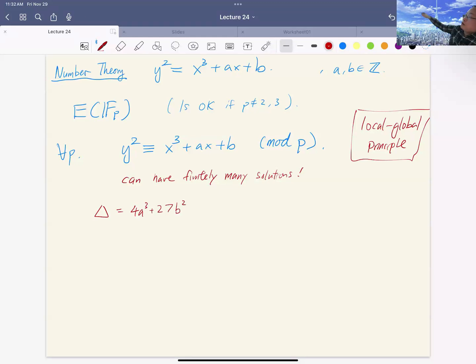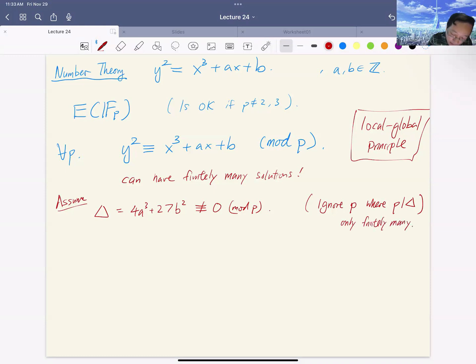You don't want this to be 0 after you mod p, so you want to assume that this is non-zero mod p, so that your curve is still non-singular. So we just basically impose the condition that p does not divide delta. We ignore those p, and there are only finitely many of them.